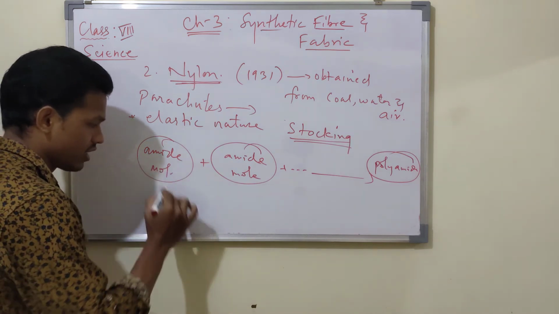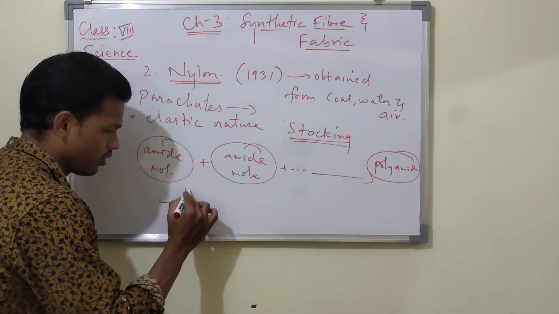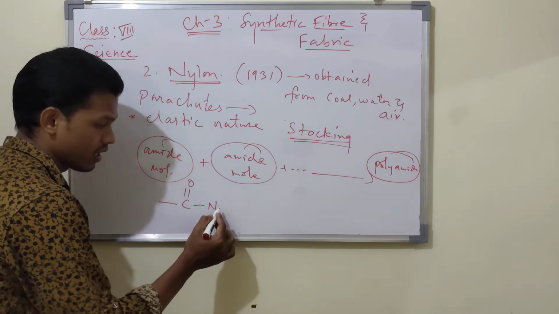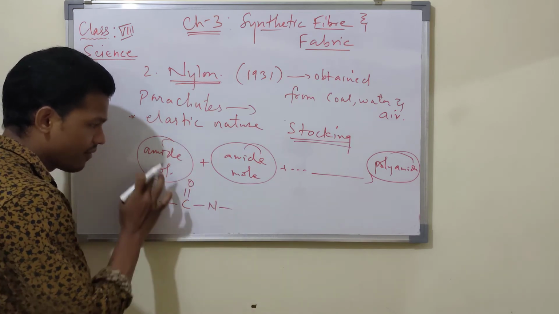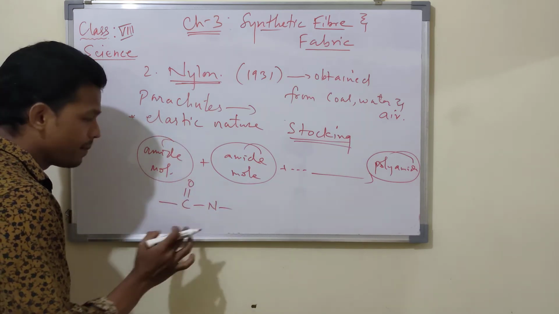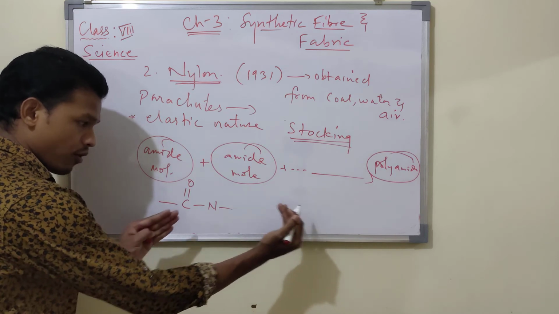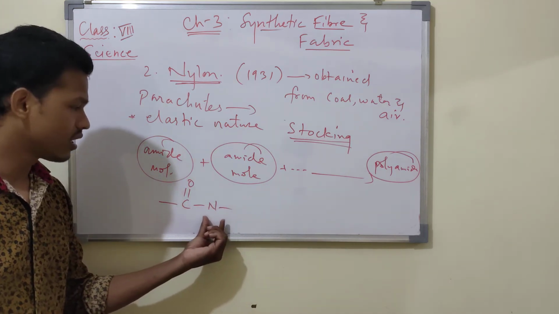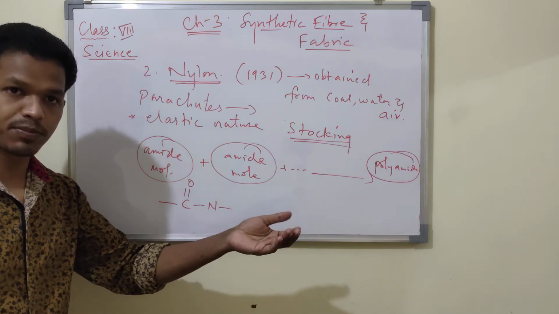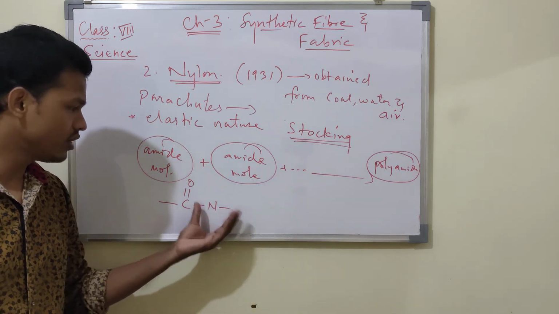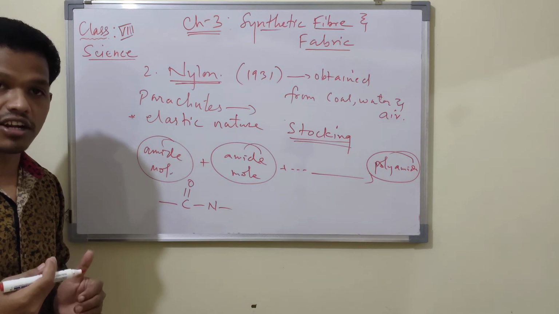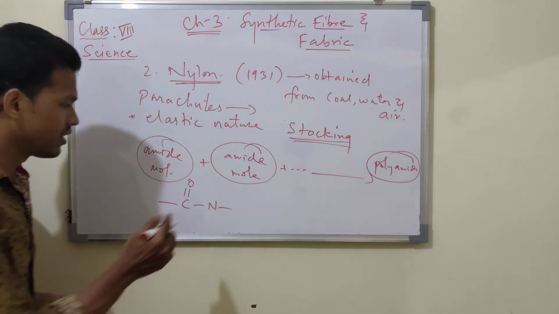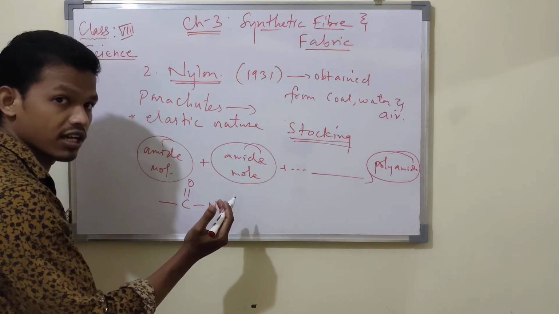For example, the structure of the amide functional group is C double bond O, N nitrogen. How atoms chemically bond and attract other atoms, I will explain in a coming chapter.